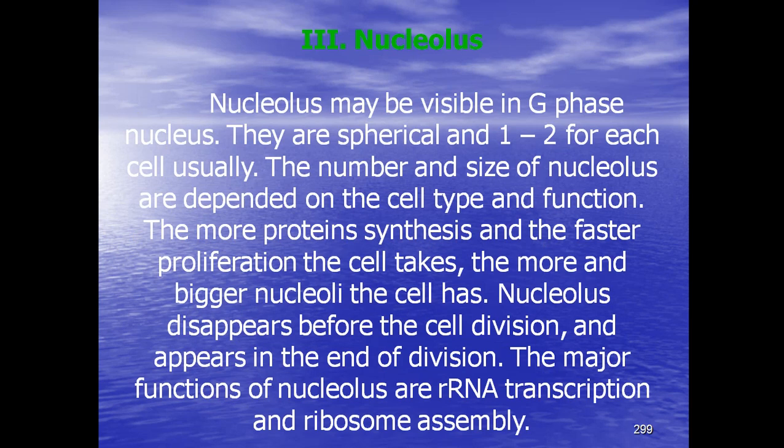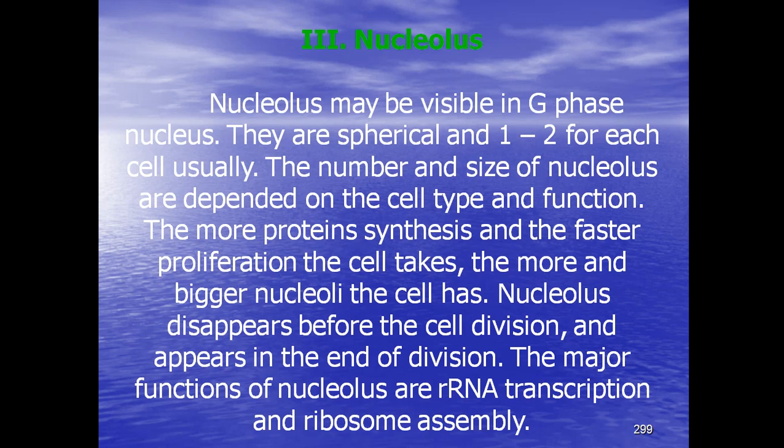The nucleoli are spherical areas. Generally there will be one or two in each cell, usually mostly one, because cells have only one genome, sometimes two. The number and size of nucleoli depend on the cell type and function.